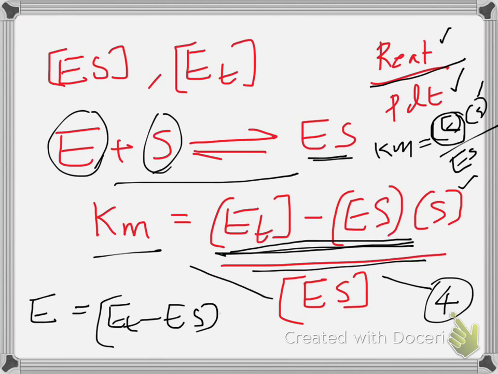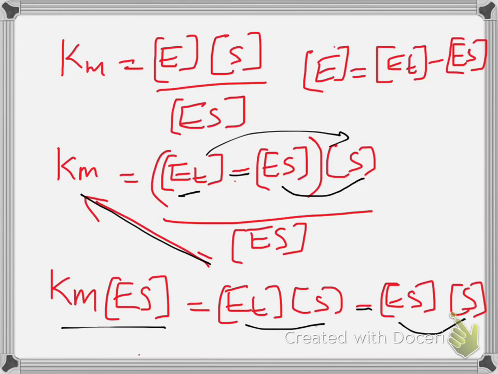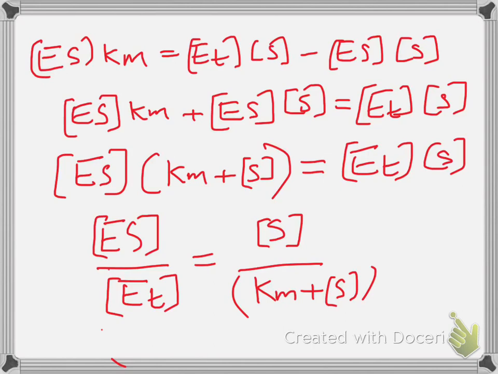Now we can cross multiply this. So we get Km into ES equals ET minus ES into S. Expanding, Km into ES equals ET into S minus ES into S. Now take this to the left side.